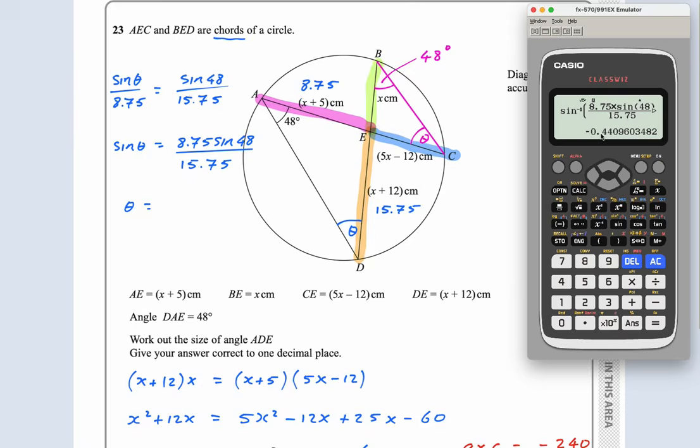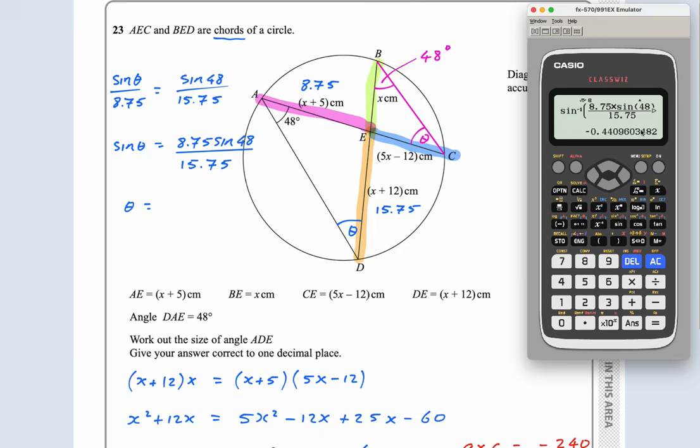Okay, I'm in radians, guys. Big error. So make sure your angle is in degrees. I just changed this for someone recently. Just keep it in degrees. So if you're ever in doubt, shift, setup, and then angle unit is number 2, degrees.